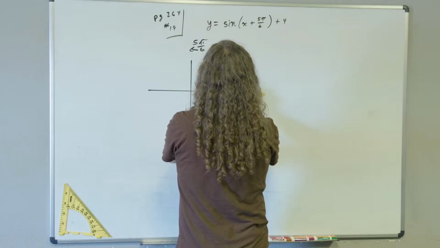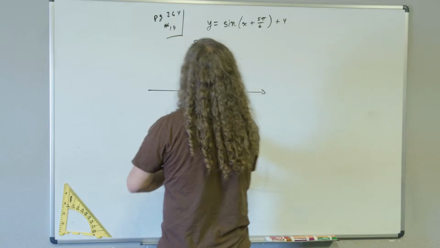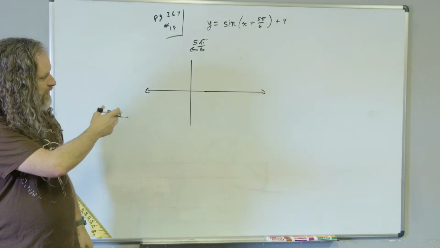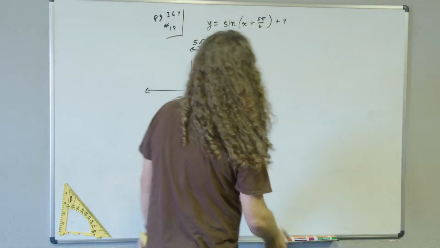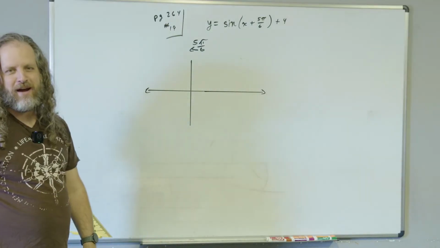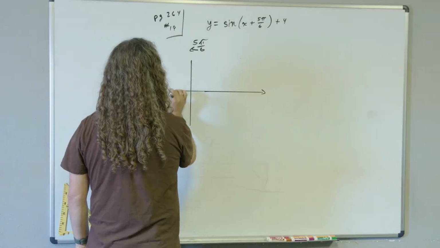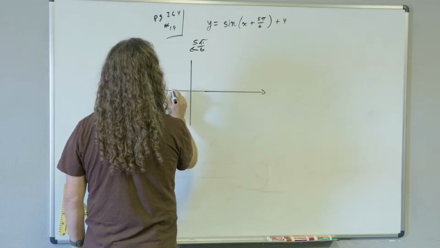Our normal numbers that we put on our axes in one period are 0, pi over 2, pi, 3 pi over 2, and 2 pi. We just need the new version of that. So what is 0 minus 5 pi over 6? Negative 5 pi over 6.